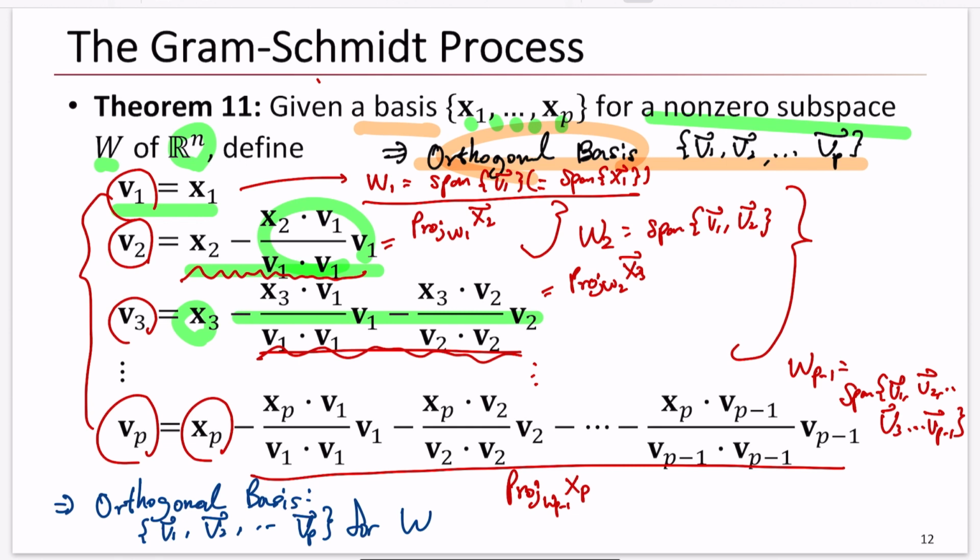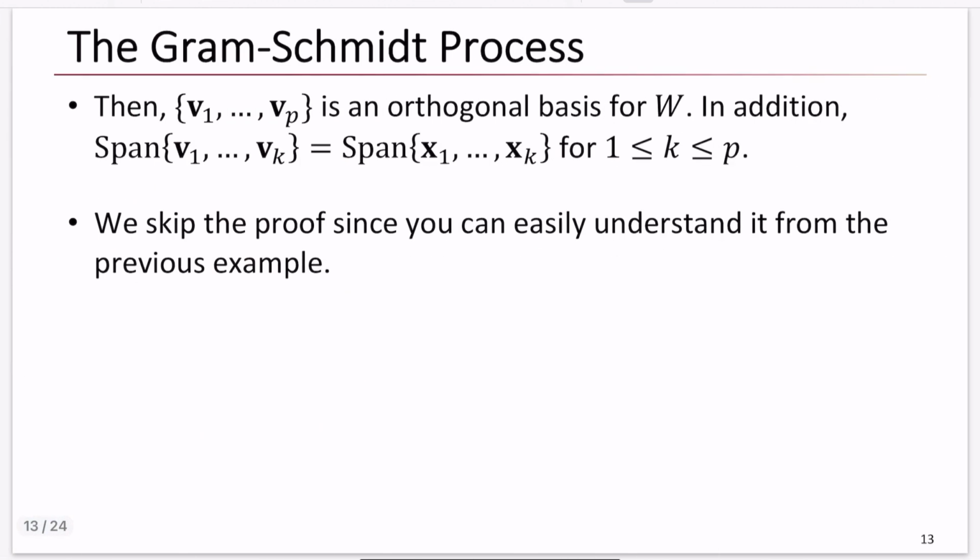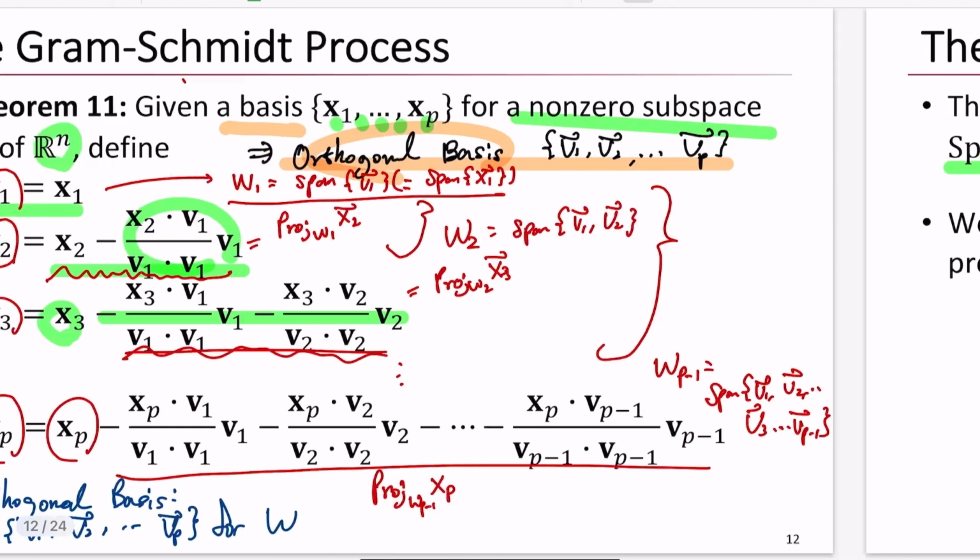So from now on, we just use this theorem, or this process, to generate an orthogonal basis for an arbitrary subspace W. In the Gram-Schmidt process, v1 through vp is an orthogonal basis for W. In addition, the span of v1 to vk is equal to the span of x1 to xk, for 1 ≤ k ≤ p.